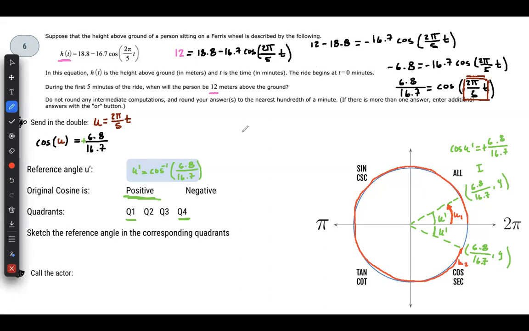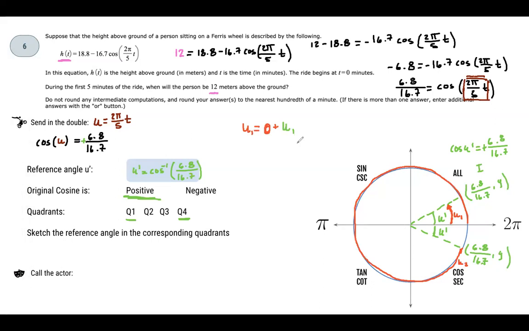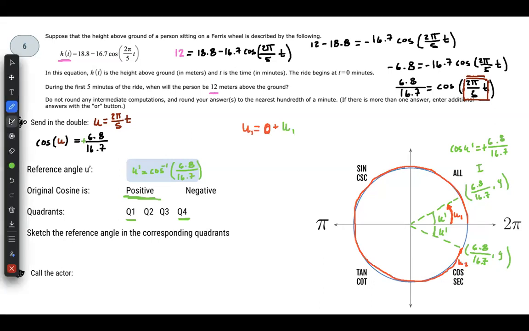Now, U1 is equal to simply angle 0 plus the reference angle U prime. So 0 plus U prime, because the closest angle is 0, or simply U prime.